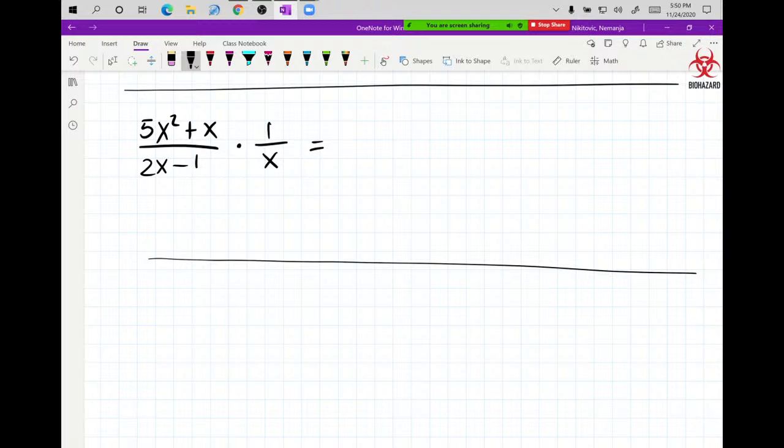And the second problem is z squared minus 9 over z minus 5 times z minus 5 over z plus 3. All right, so I'll give you a few minutes to work on this, and if you are done, you can just start talking, right?